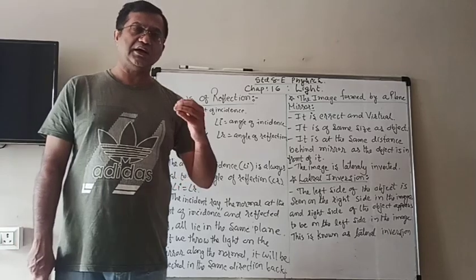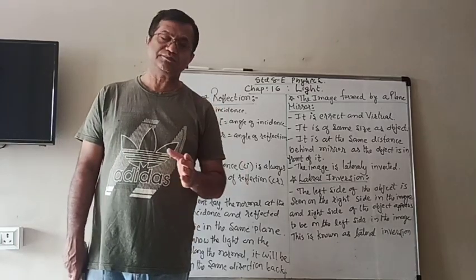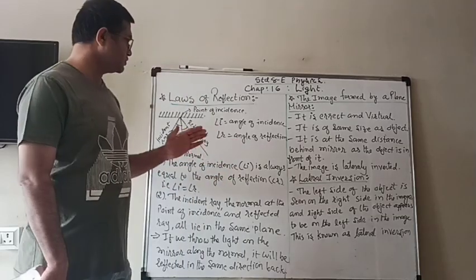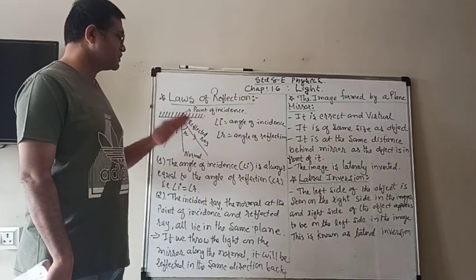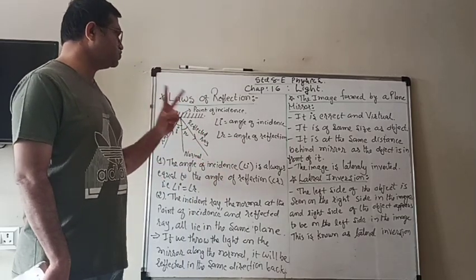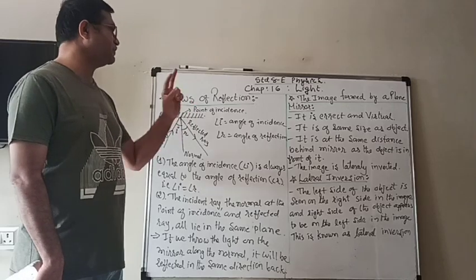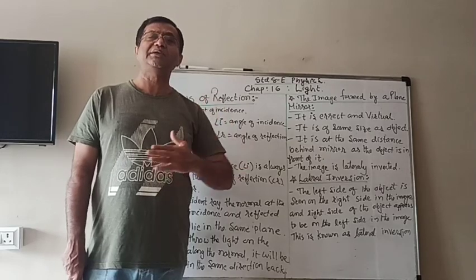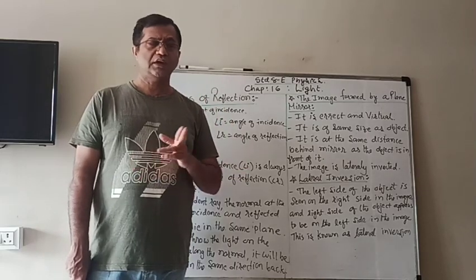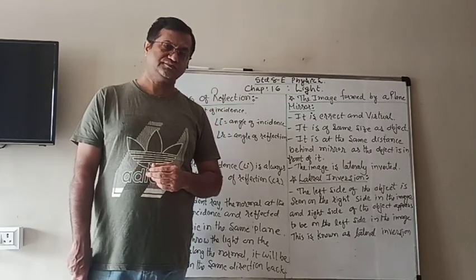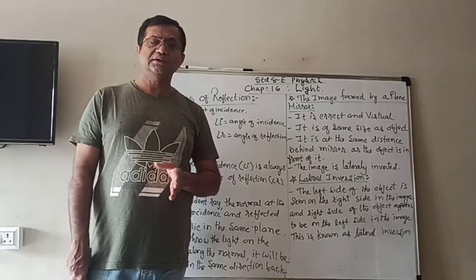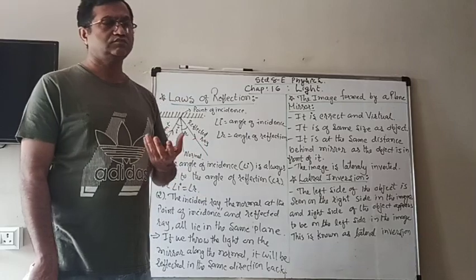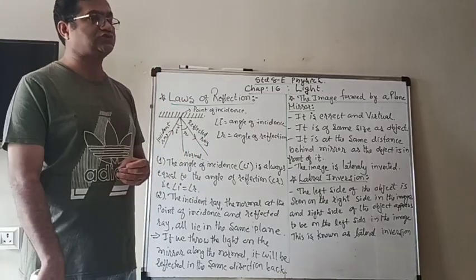For that we can understand with the help of an activity, and from the figure we will understand the two laws of reflection. For that we need a plain mirror, a torch, and a screen, or it can be the wall also, not a problem.